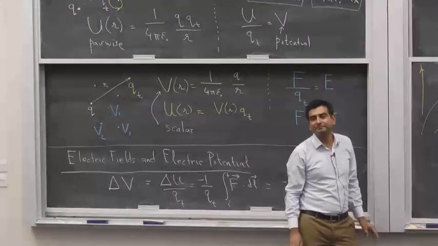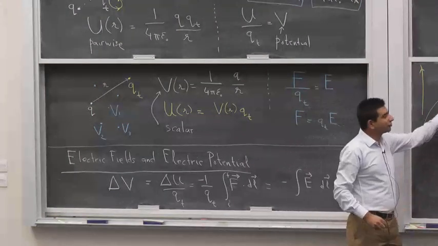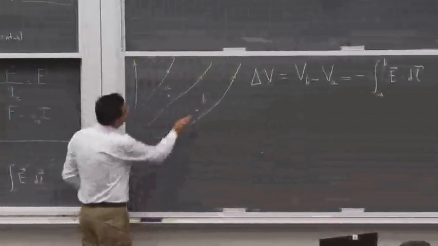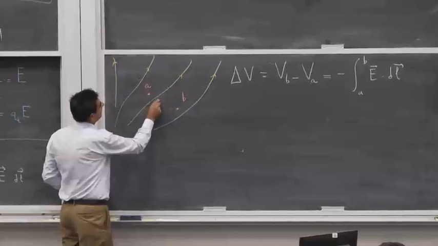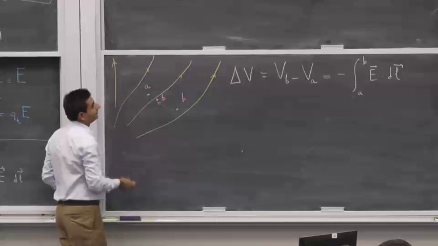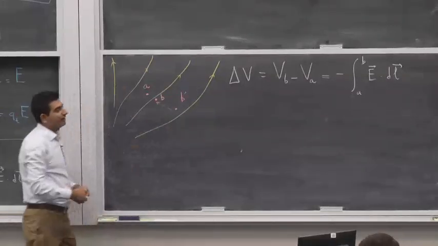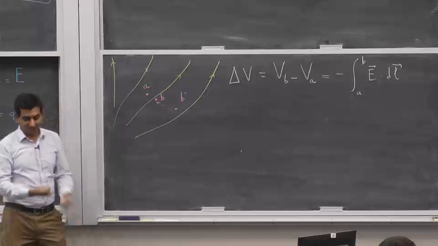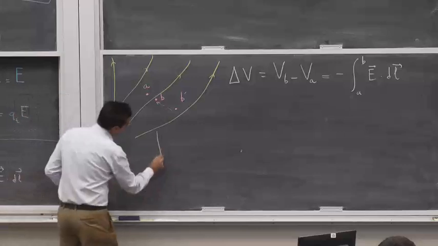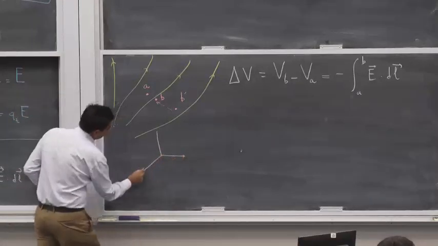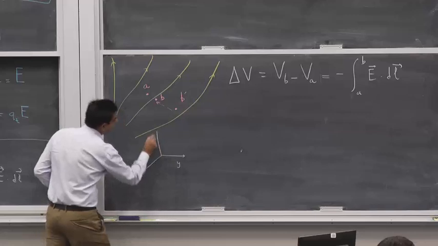Correct? Now suppose B is really close to A. So I move this point really close to A. This is some B dash and I move it really close to A. Now this field exists in space. So there will be a coordinate axis. There will be an x-axis, a y-axis and a z-axis.